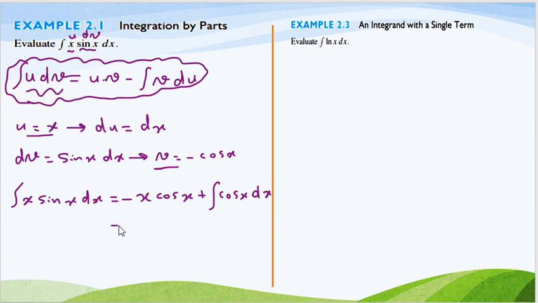You can find this is minus x cosine x plus the integral of cosine, which equals plus sine x. This is the integral of x sine x dx, plus c. This is the formula. I think this is good.